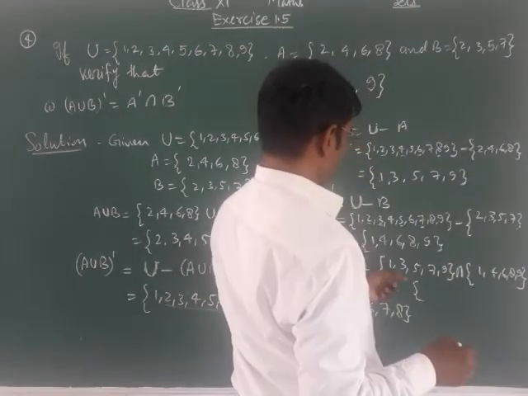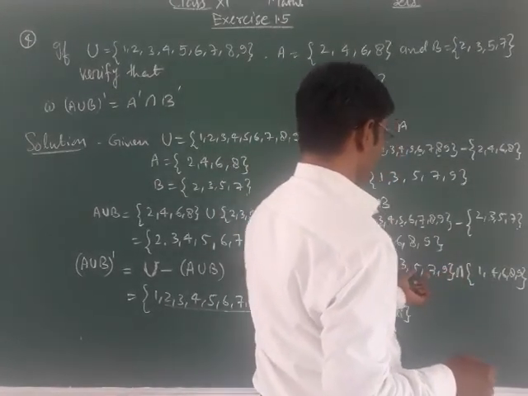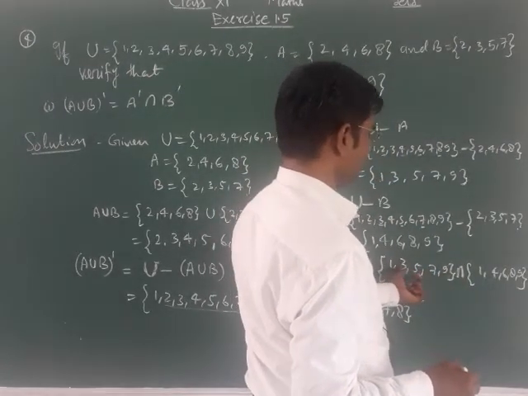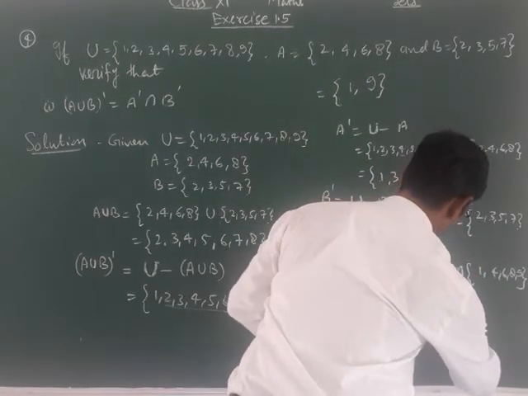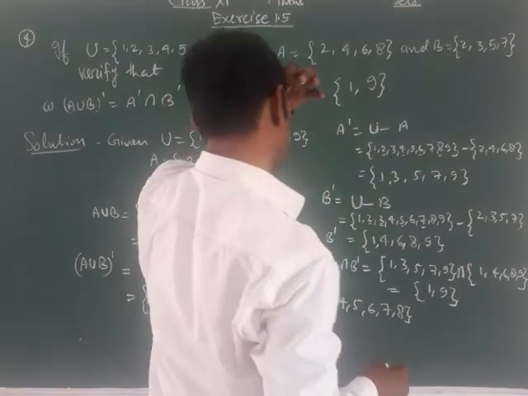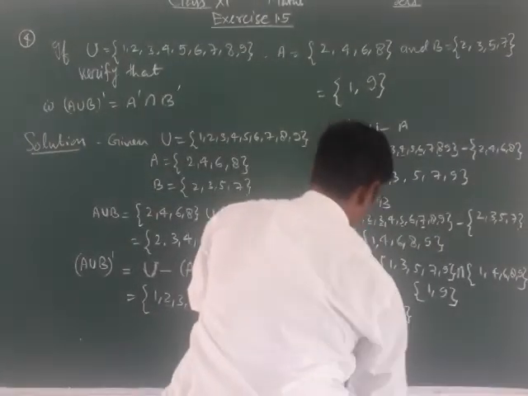Intersection means only taking common elements of both sets. So 1 comma 9. So this is A dash intersection B dash.